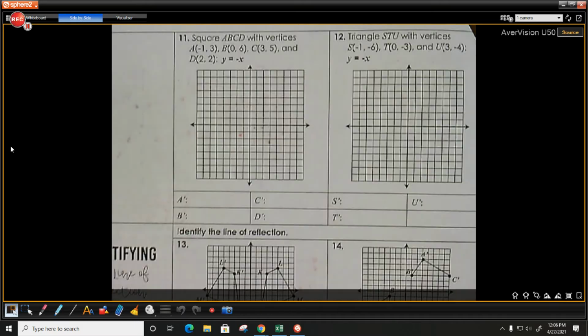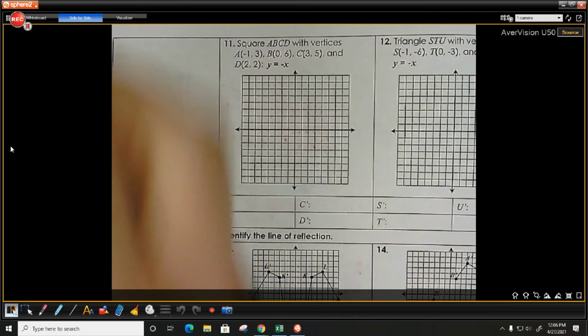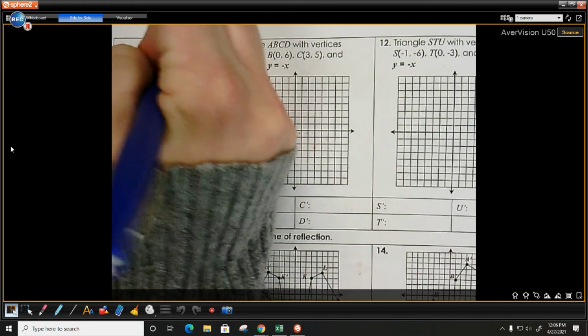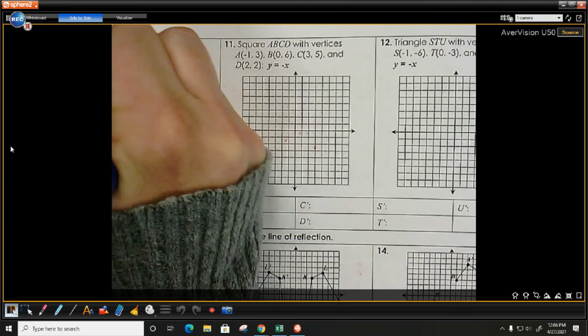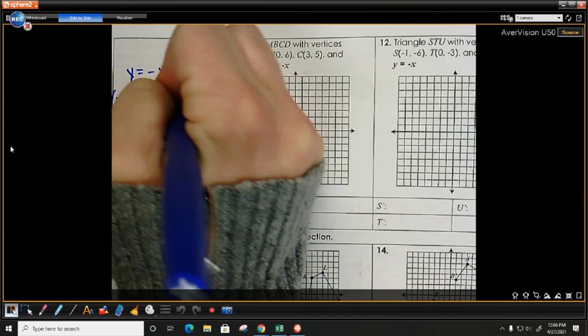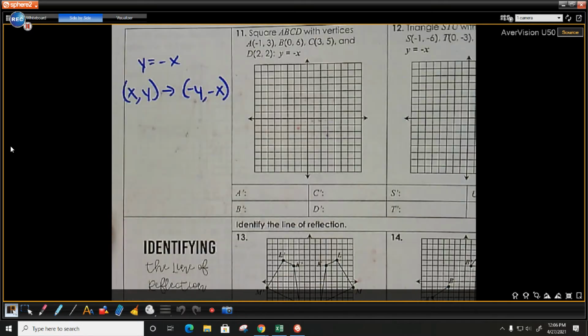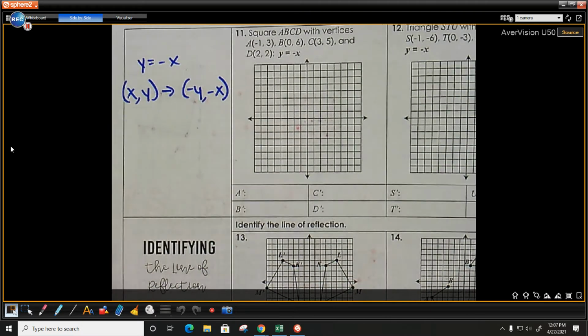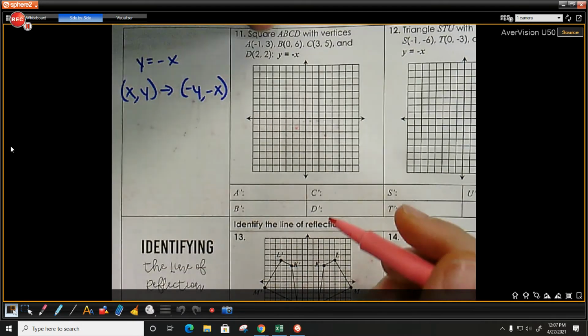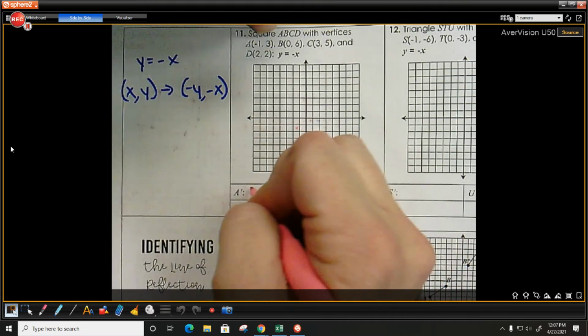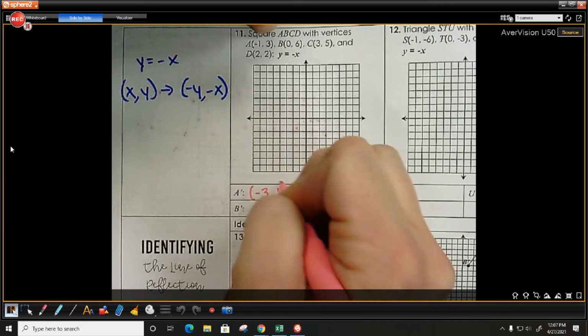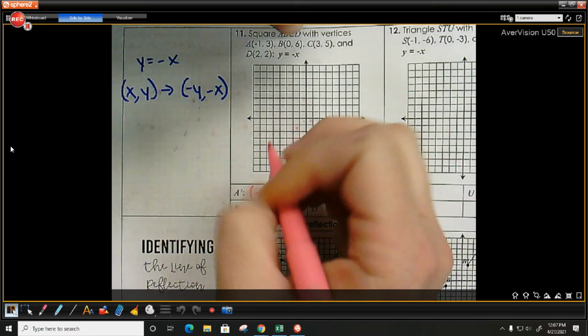y equals -x. Your rule for reflecting over y equals -x from the front was x, y becomes -y, -x. So you flip-flop them and you change both signs. So what would A be at? -3, +1. What would B be at? -6, 0.